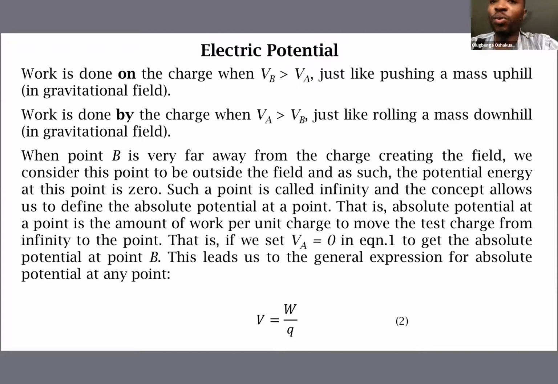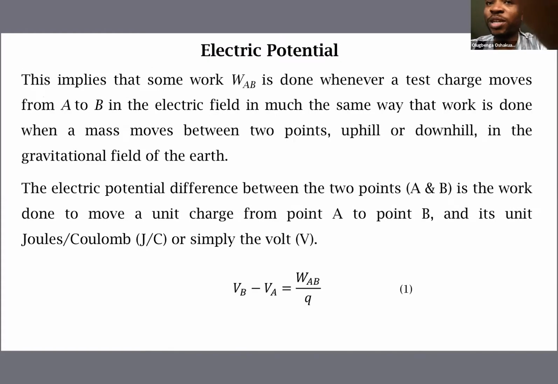So when we say a particular charge is at infinity, we mean it is far, far away, and then we can say that the potential at that point that is far, far away is zero. So going back to our expression, when the body is coming from a point A, which is far, far away, the potential VA there will be zero.